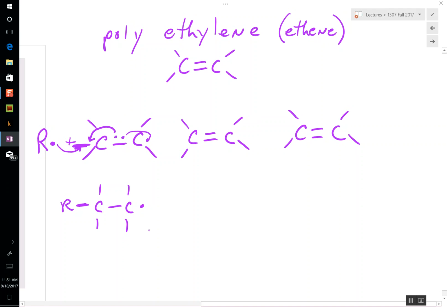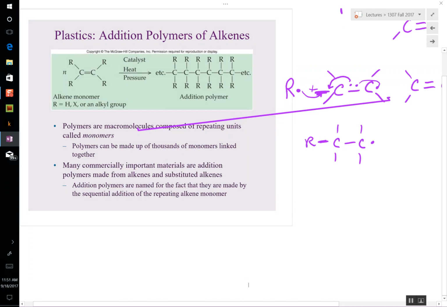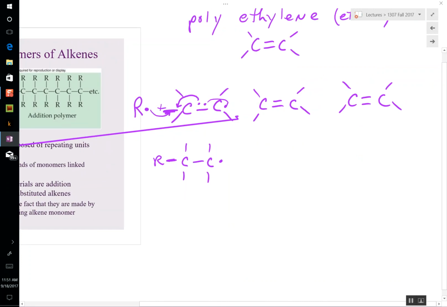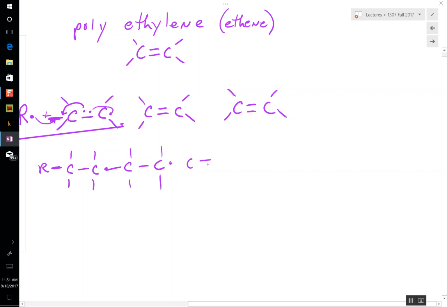It gets propagated over to the front of this carbon, and you've got another radical. And so it propagates now. It smashes into another one of these, and you get this. And the free radical gets pushed out to the front of this, and it plows into another one of these, and you get this.